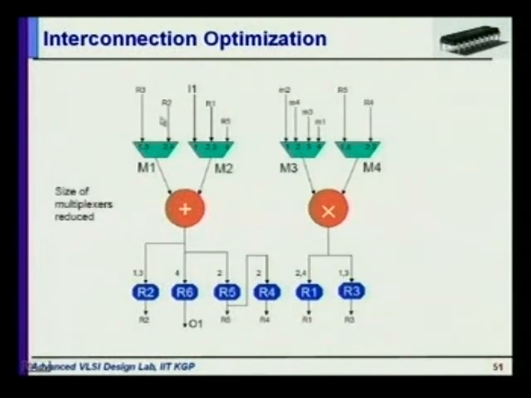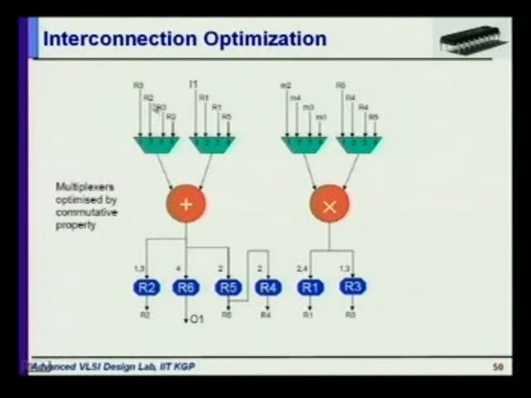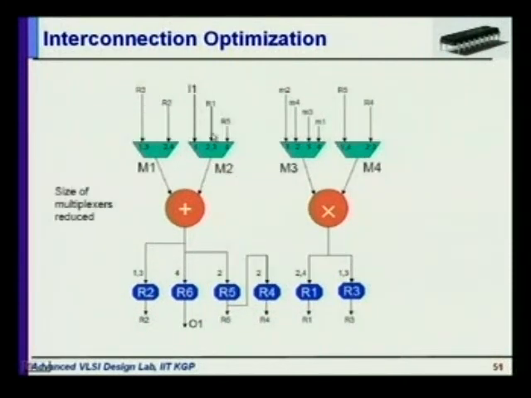You need only a 2:1 multiplexer, because in that case on the left you only need to feed the input from register 3 and register 2, and for this you need to feed only from R1, R5 and R3. So you need a 2:1 multiplexer. So you have optimized your design. So this is the basic strategy by which you can optimize your design.